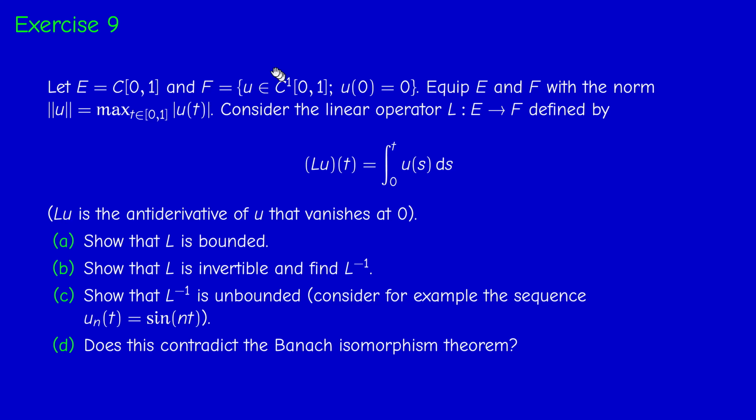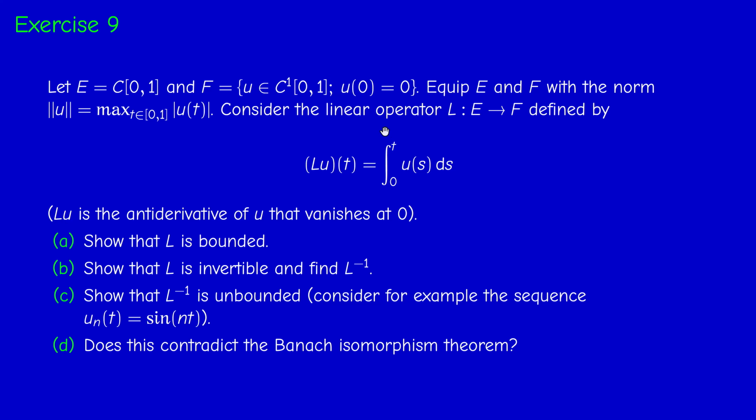And I consider this subspace F of E, but it's a normed space on its own. It's the set of all continuously differentiable maps which vanish at 0. And I also equip it with the maximum norm.